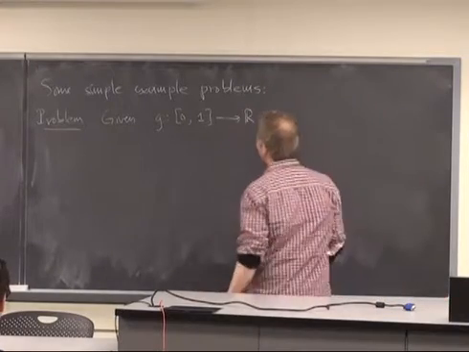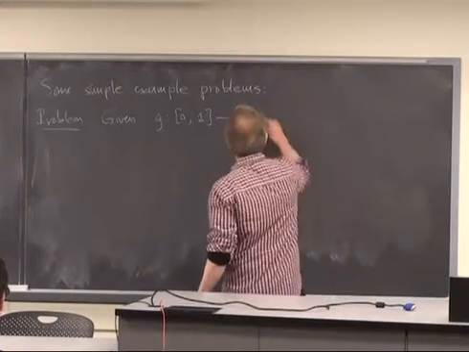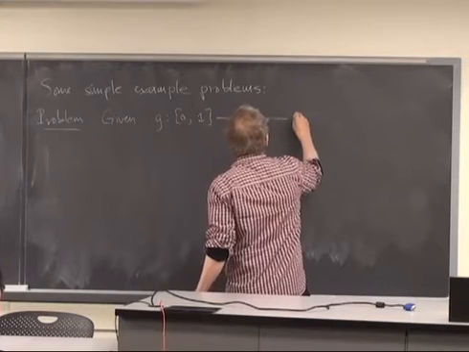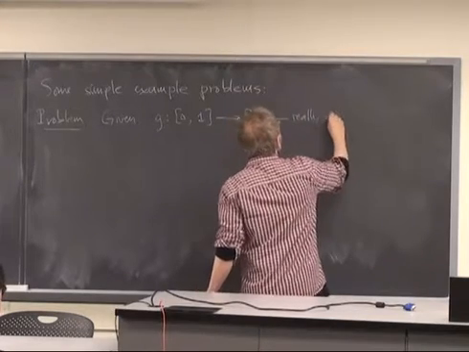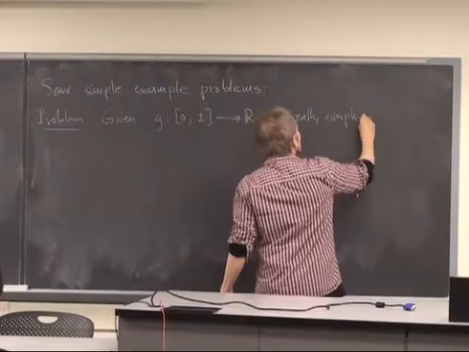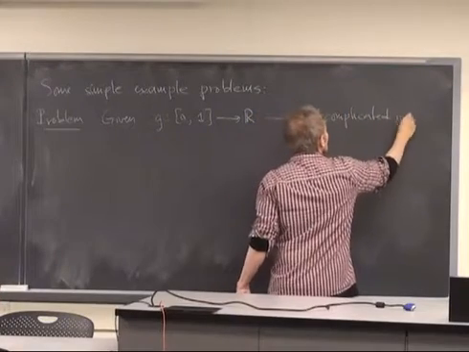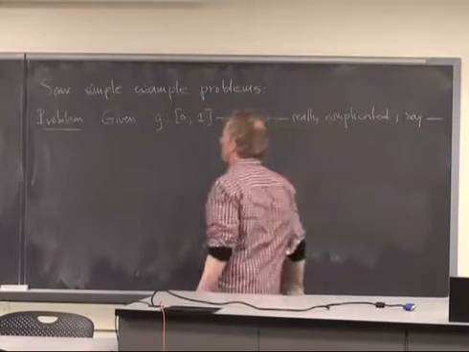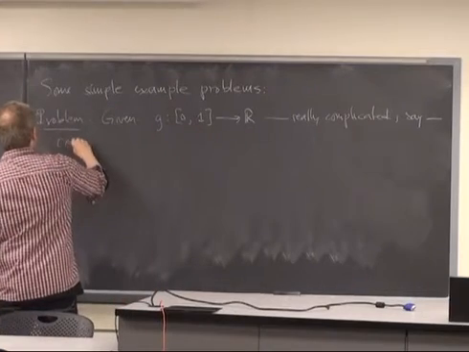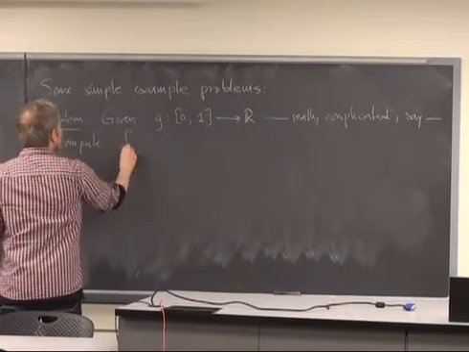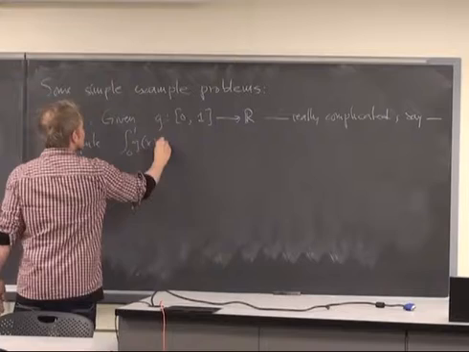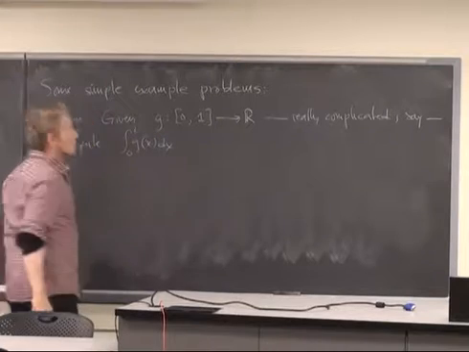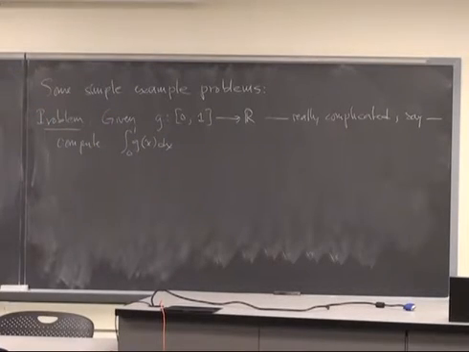If you're given a function g, a really complicated function, you want to compute the integral from 0 to 1 of g of x dx. You just want to find that, right?